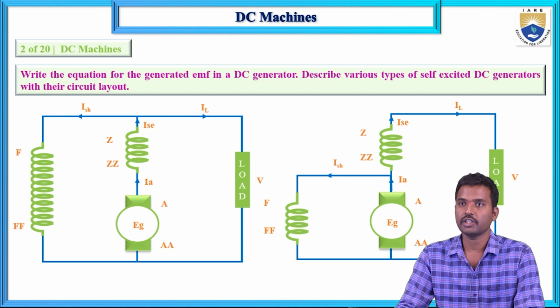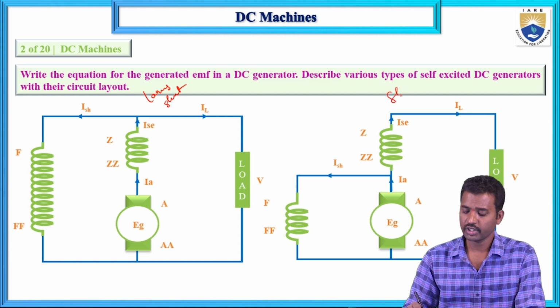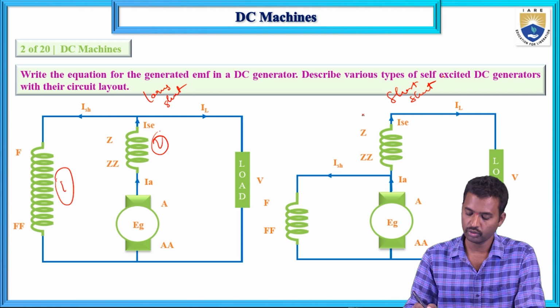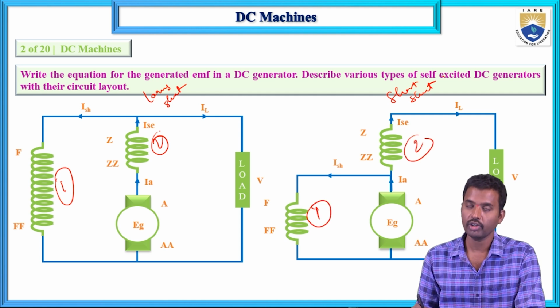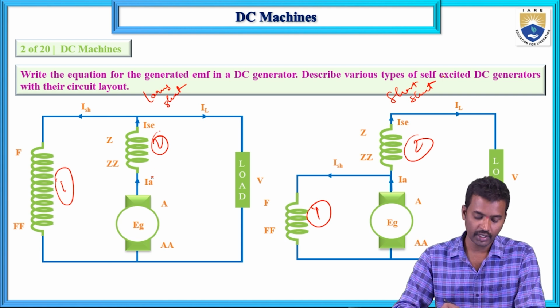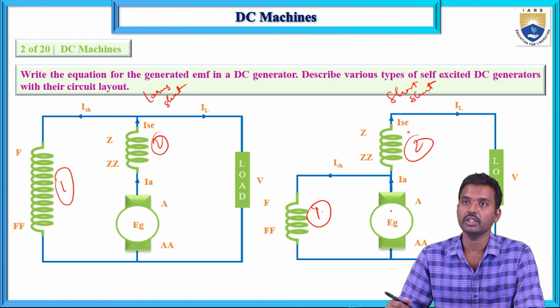Compound generators are classified into two types, long shunt and short shunt. This is long shunt and this one is short shunt. Depending upon the connection, we have two field windings, field winding 1 and field winding 2. In one, a field winding is connected in series and the other in parallel; here too, one is connected in parallel and the other in series.